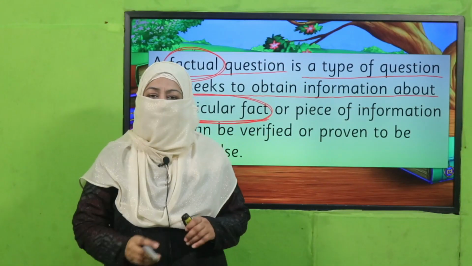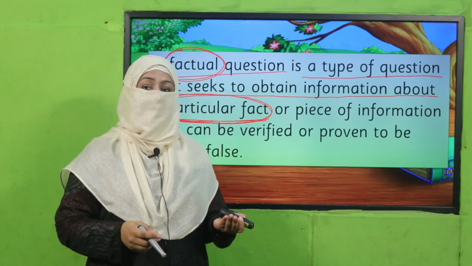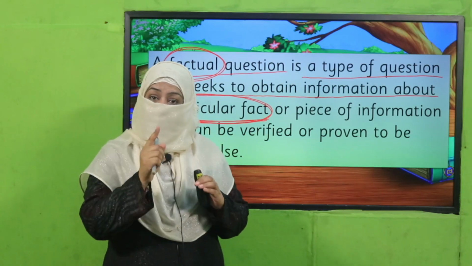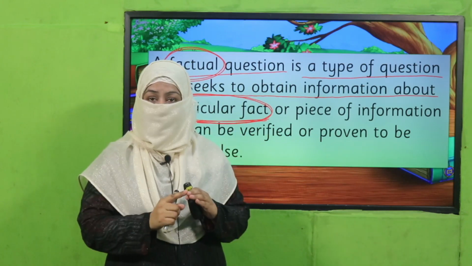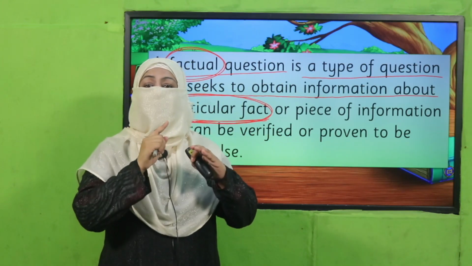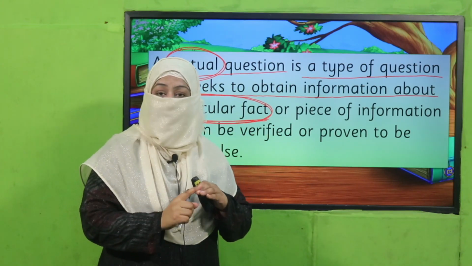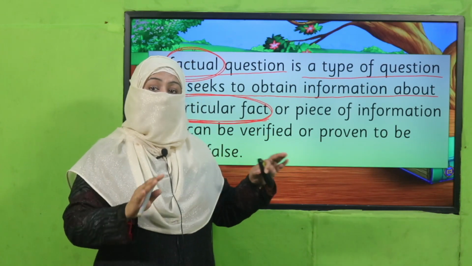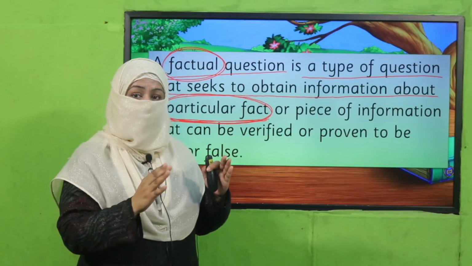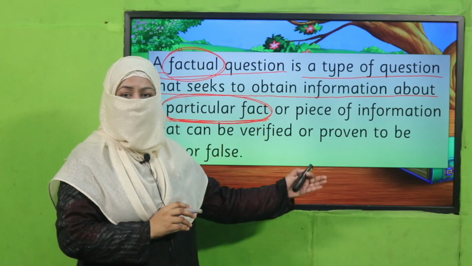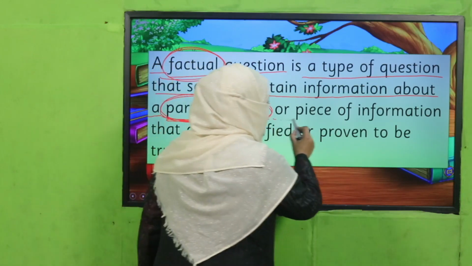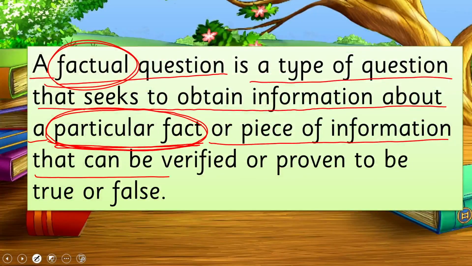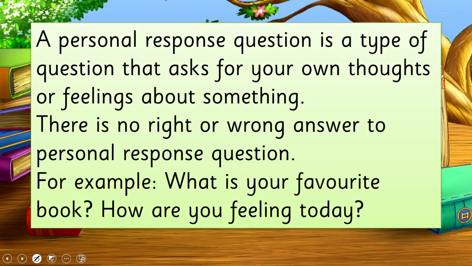For example, if I ask you what is the day today, this is a factual question. You have to tell me the exact day, that today is Monday, for example. And if you say today is Friday, it becomes wrong. So a factual question needs an absolute answer, or a piece of information that can be verified or proven to be true or false, right? So that is a factual type of question.